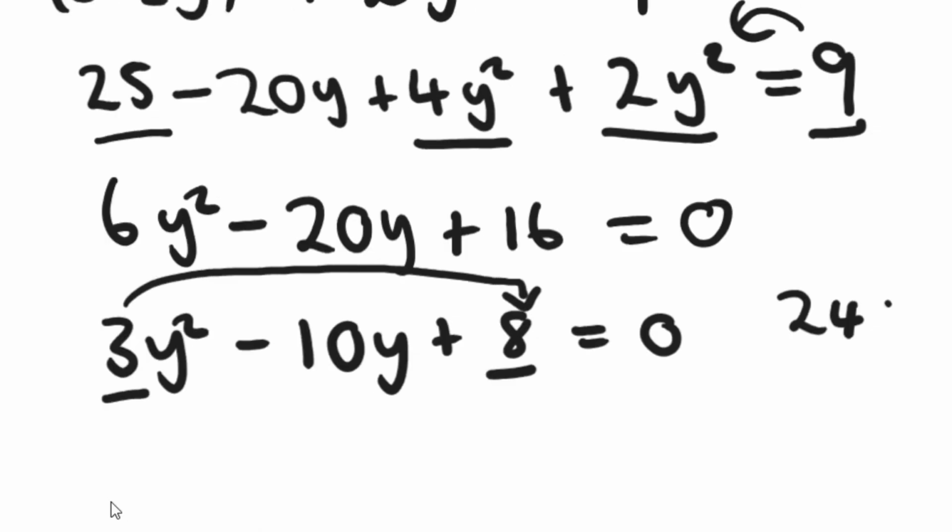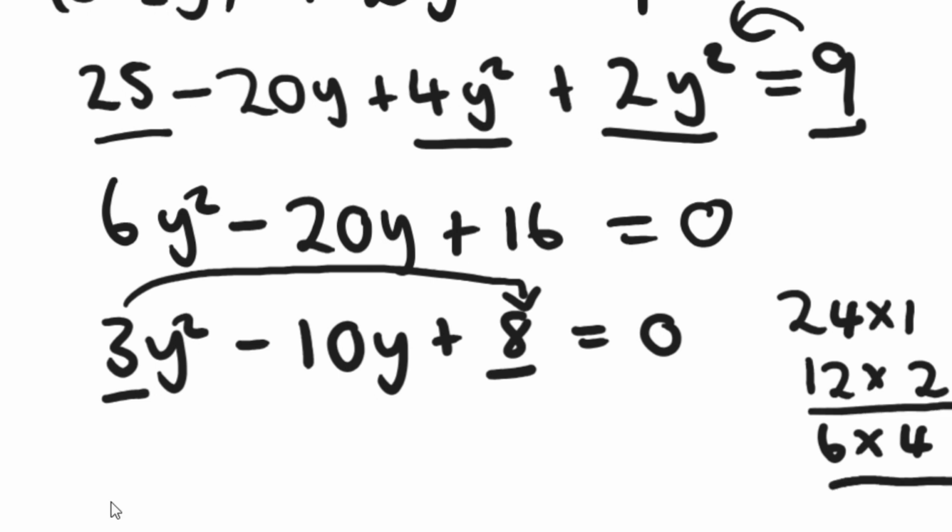So we have 24 times 1, we have 12 times 2, and then we have 6 times 4. Have we arrived? Yes, we are looking for these ones. When we add them, they must give us 10. When we multiply them, they must give us 24. These are 6 and 4.